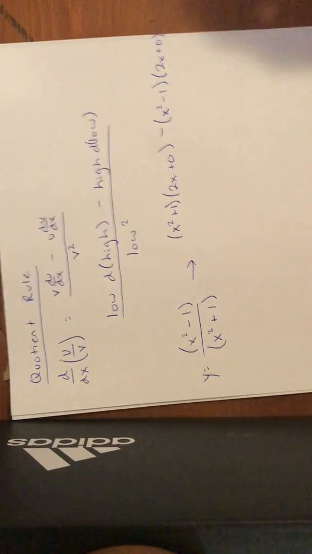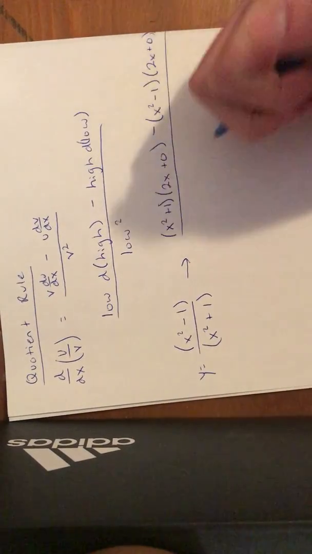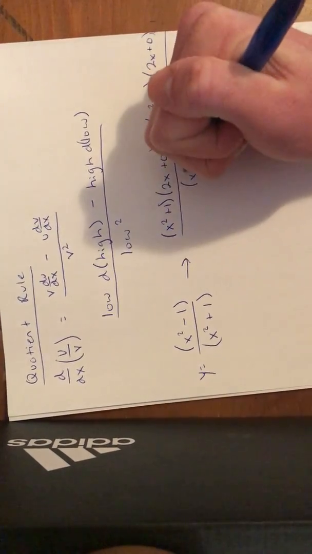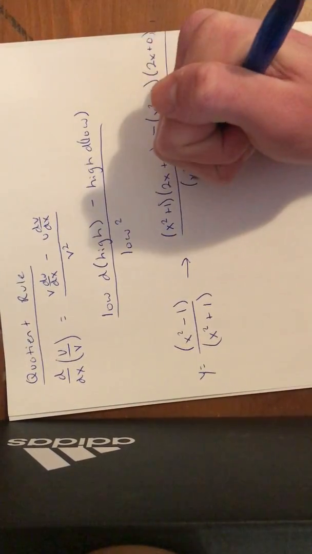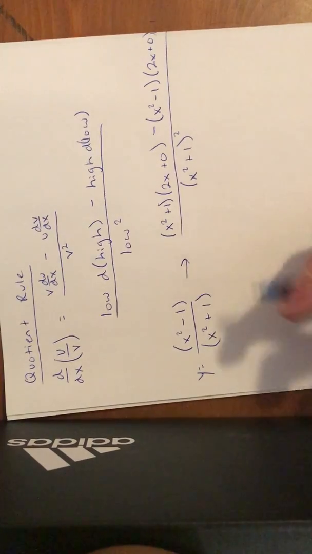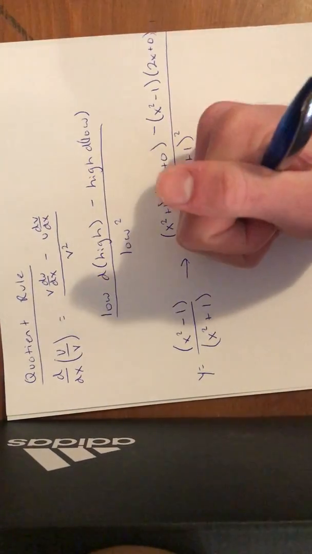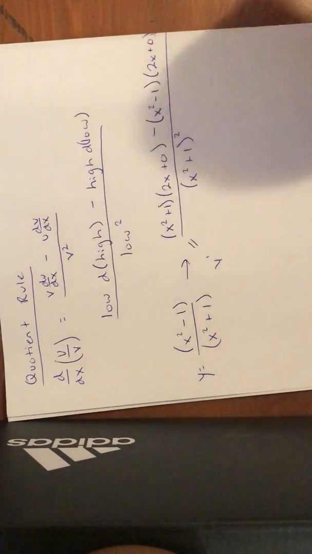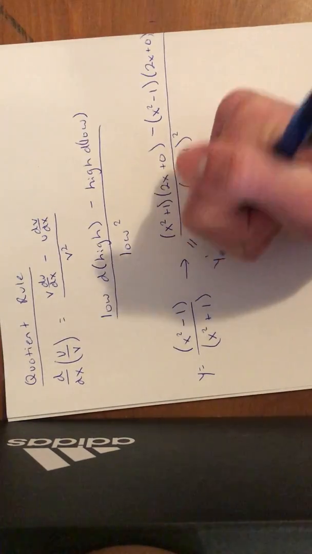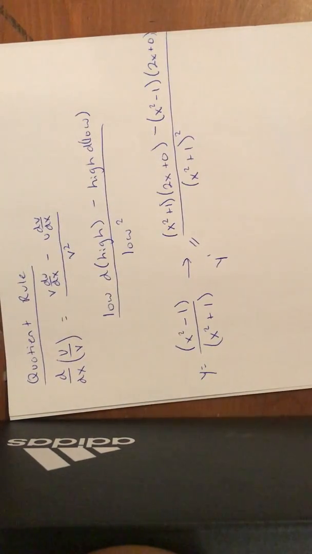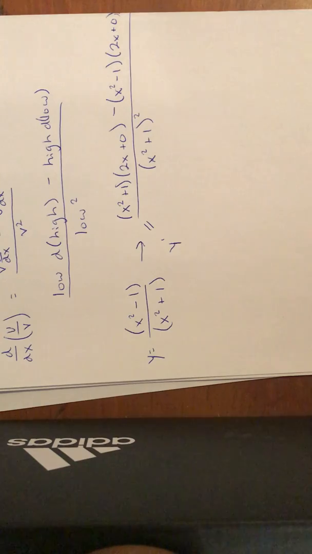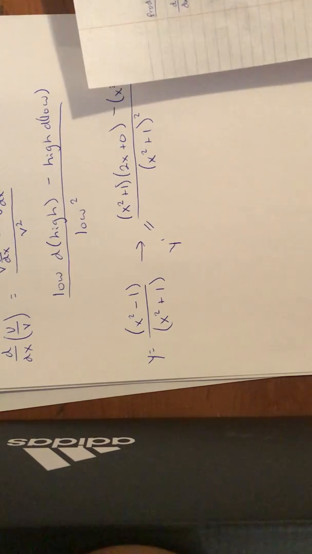You see that? All over low squared, x squared plus 1 squared. And then you can simplify that. But y prime is equal to that. So that's the quotient rule. And I believe that's the last rule you need to know.